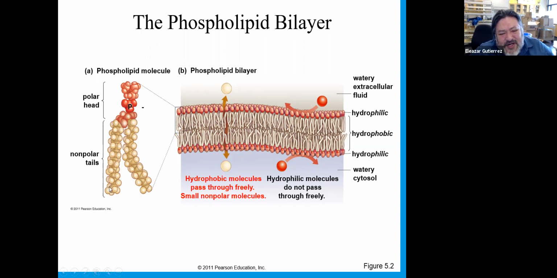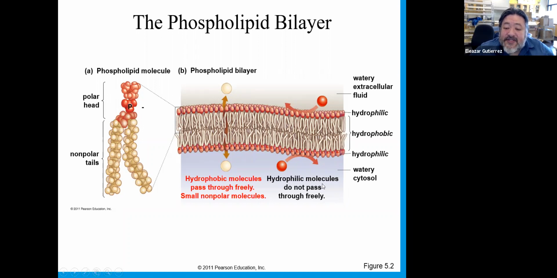The tails are like 30 to 40 carbons in length, so there is a lot of real estate in here, and these heads are not really going to do much. If you're small and nonpolar, you're going to have no trouble going through that plasma membrane.